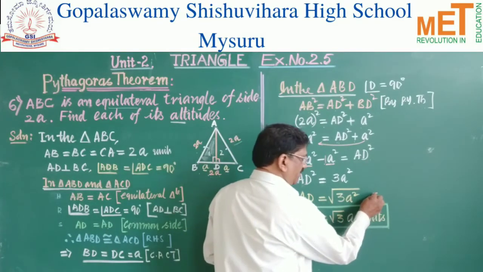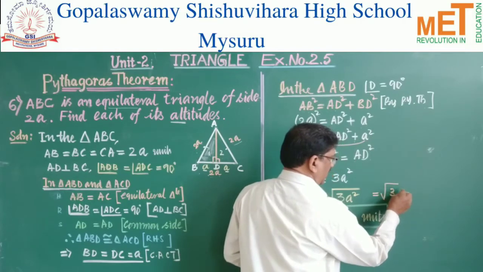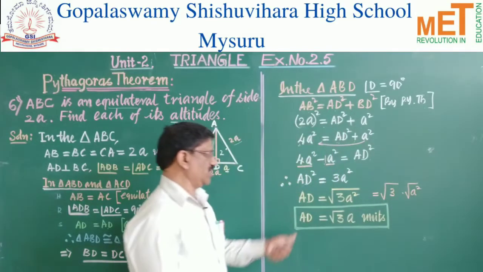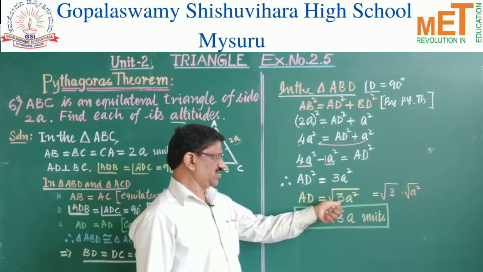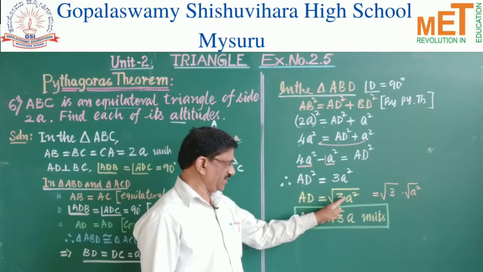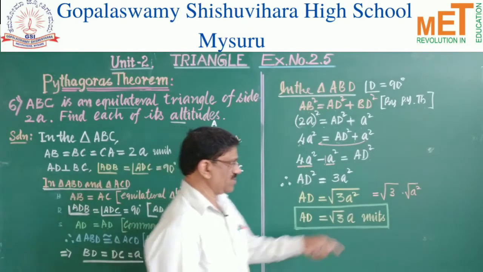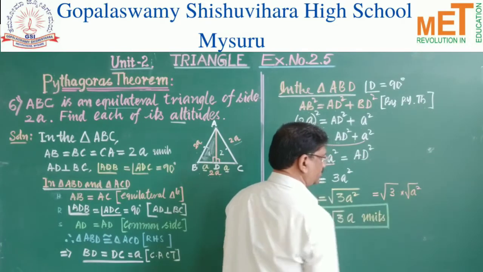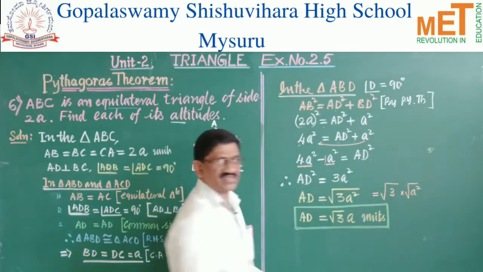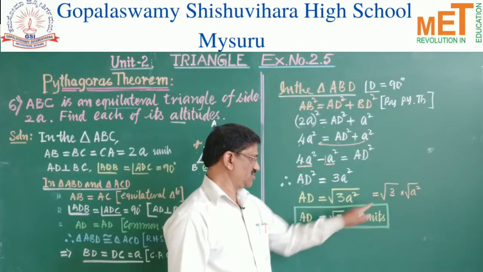That means that square root of 3 into square root of a square, children. That is root 3a square means that is root 3 into root a square. Clear, children? Then here you see, we cannot simplify this root 3 because we don't know the value of root 3. Keep it as such.